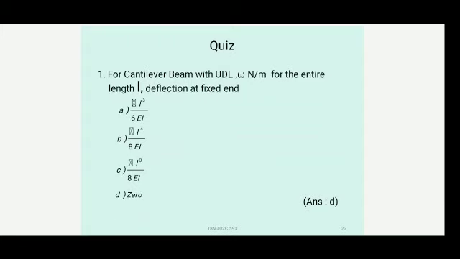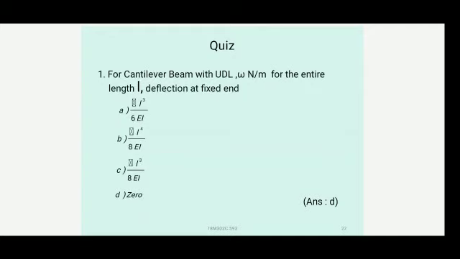Quiz questions, small 1 mark questions. For a cantilever beam with uniformly distributed load W Newton per meter for the entire length L, deflection at the fixed end is: A, WL cube by 6EI.